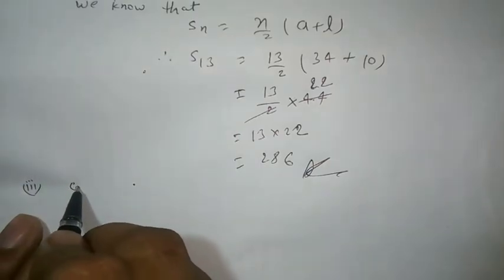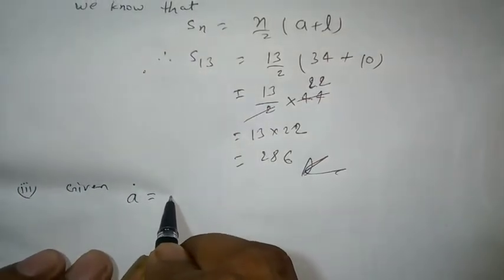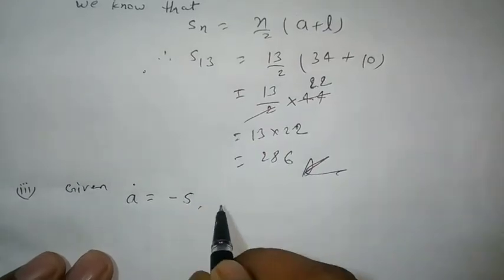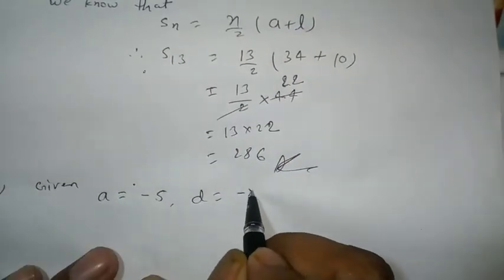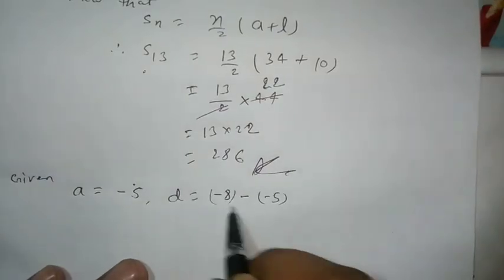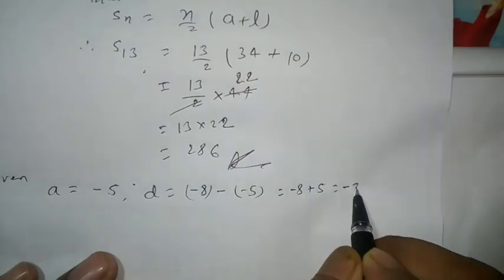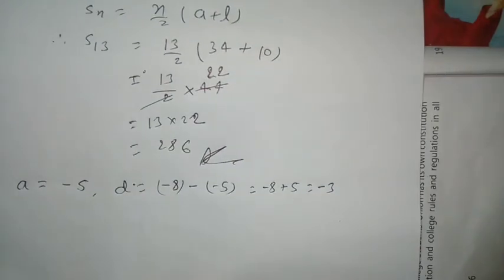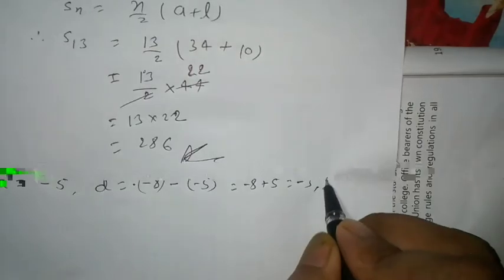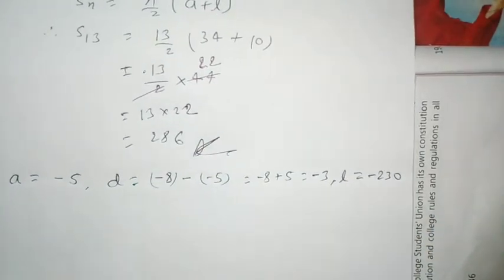Now given a is equal to minus 5, d is equal to minus 8 minus first term, minus 5 is equal to minus 8 plus 5 is equal to minus 3, l is equal to minus 230. Last term minus 230.